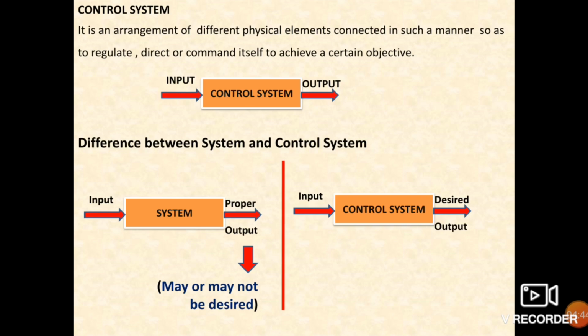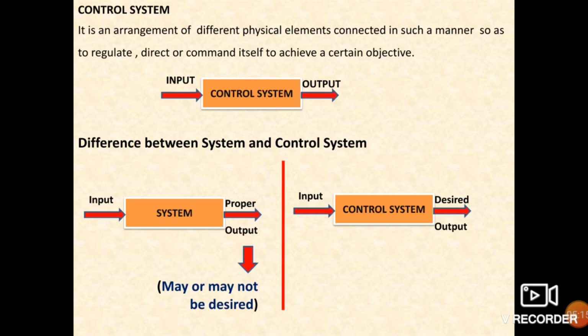The heating element will be heating the water. That is, we will be switching on the AC supply. Okay, that is, we will be turning on the switch for the electric water heater, and the heating process will be taking place inside the electric water heater. That is, it will be directing the system based upon the input given to meet a certain objective.